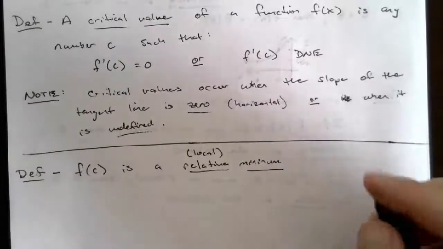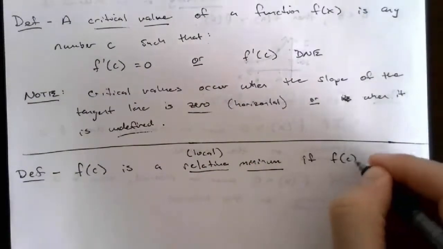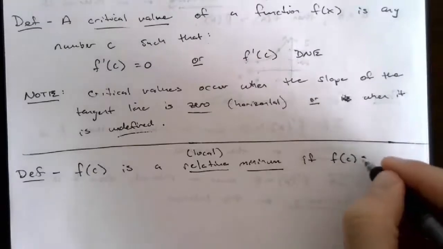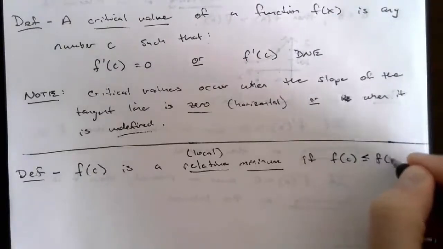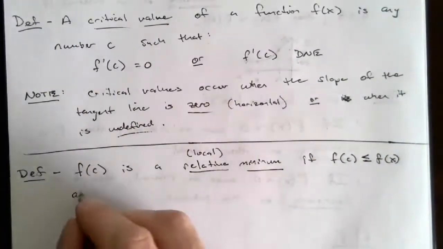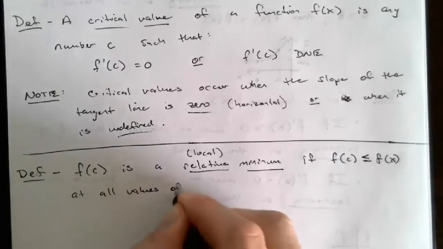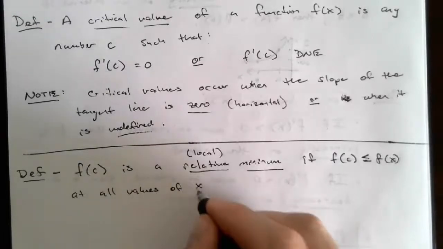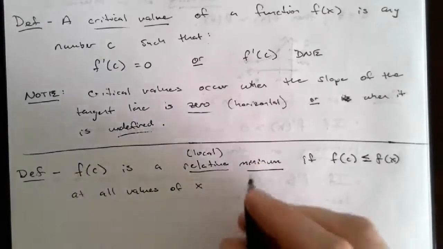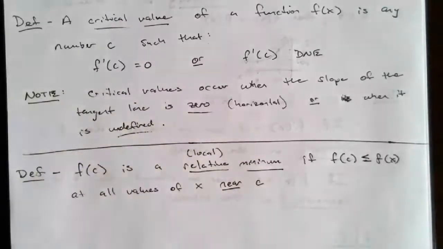So local or a relative minimum if f of c is less than or equal to f of x at all values of x near c.